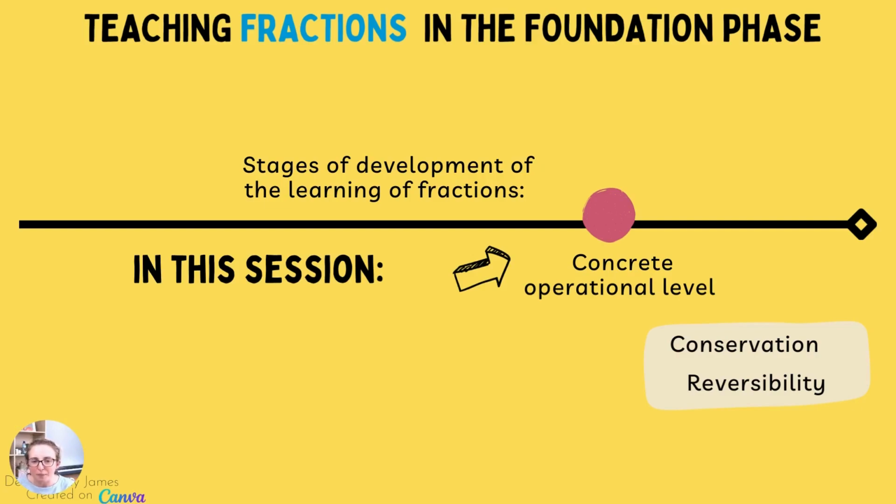But now they are developing a sense of the idea of conservation, that when you separate, for example, a shape into parts, that it relates back to the whole. So if you have 8 equal pieces called eighths, if you put them all together again, you get one whole piece, okay? So that relates to the idea of conservation and reversibility. And you can look into that a little bit more if you look up Piaget and his stages of development.